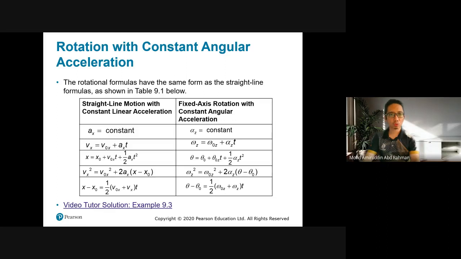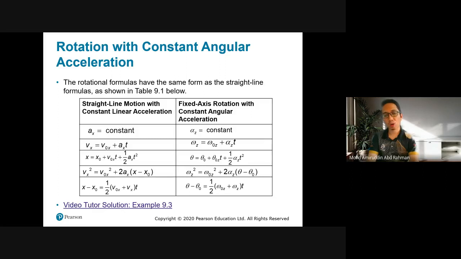Okay, so we still use equations very similar to those we use for linear acceleration. For example, previously we have Vx equals V naught x, the initial velocity, plus ax t. Over here we have a similar one where we just replace Vx with omega, so we use omega z.